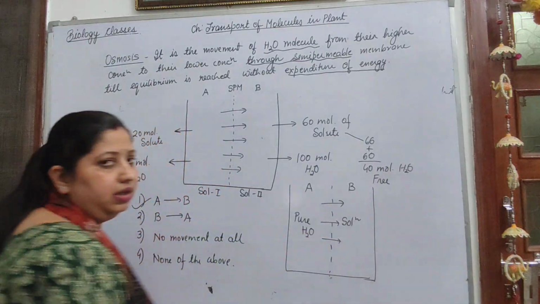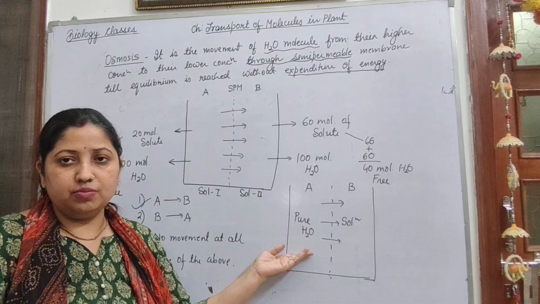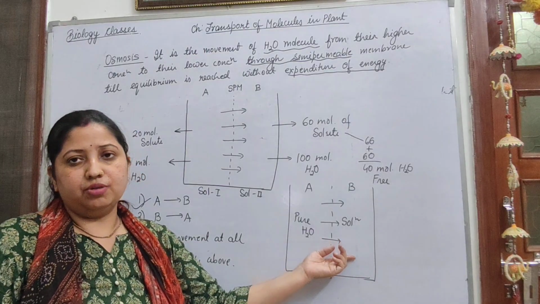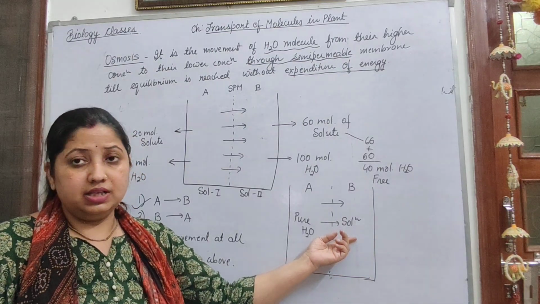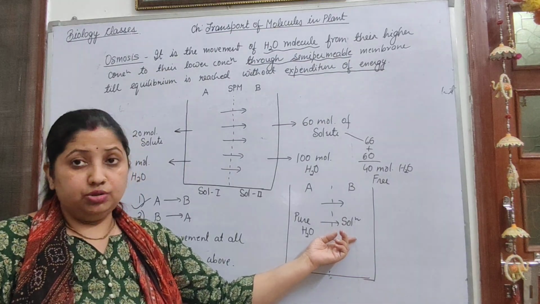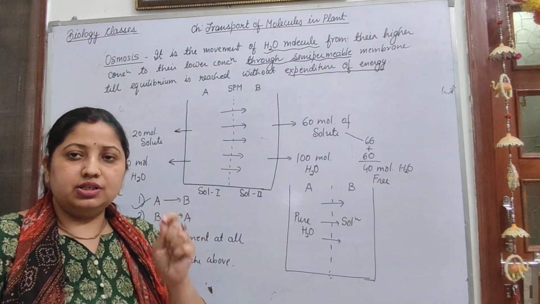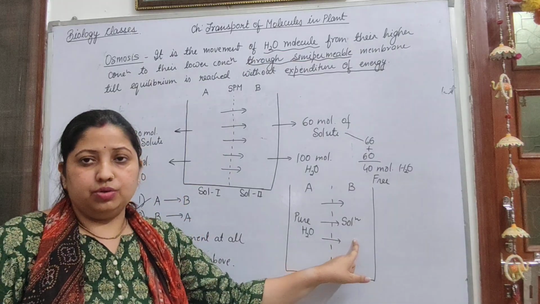Because in pure water, all the water molecules are free. The free energy of water molecules will be more in compartment A, and the free energy of water molecules will be less in compartment B. Because in compartment B we have taken a solution and the solute molecules are there. So the solute molecules combine with or fit into the intermolecular spaces of the water molecules.